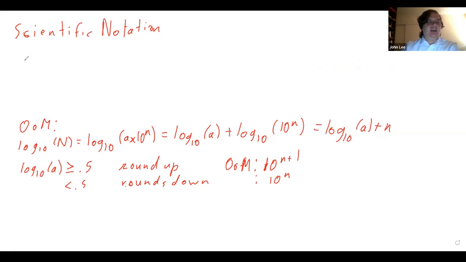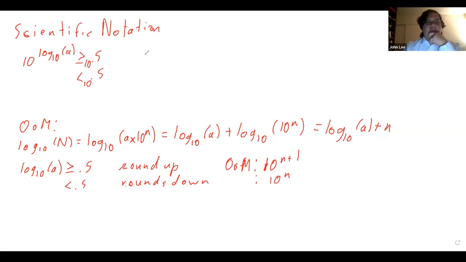And because you probably don't have logarithms memorized, especially log base 10, what you can do is take 10 to the log base 10 of a is greater than or equal to 0.5 or less than 0.5, or 10 to the 0.5 rather. So you just take both of these values and raise them to the 10.